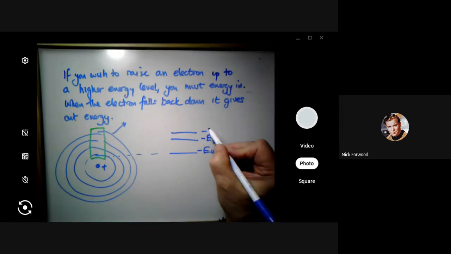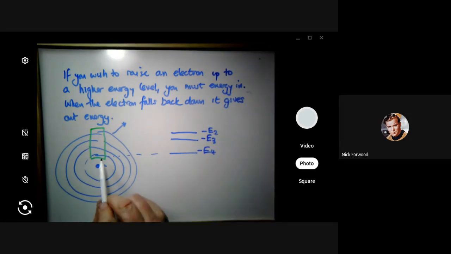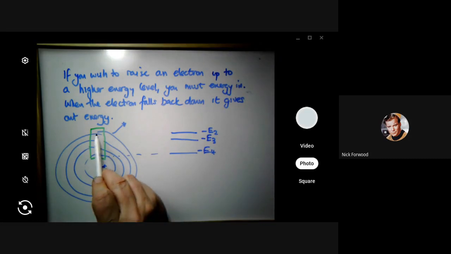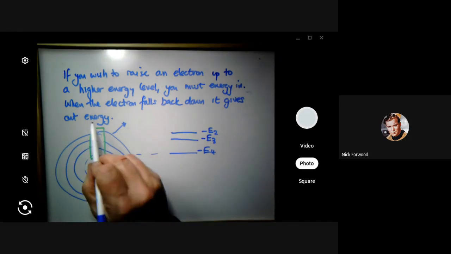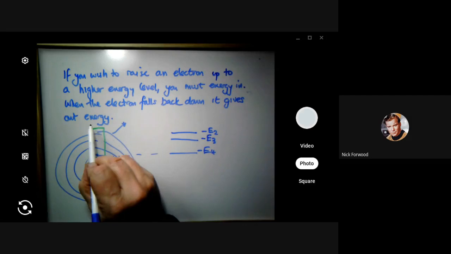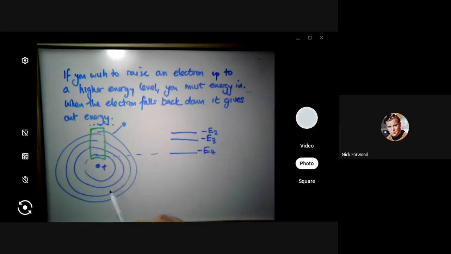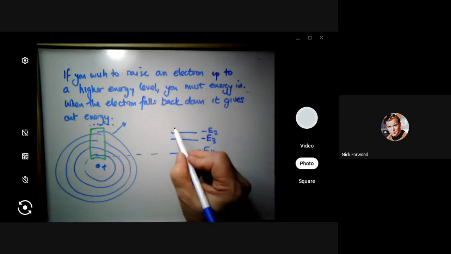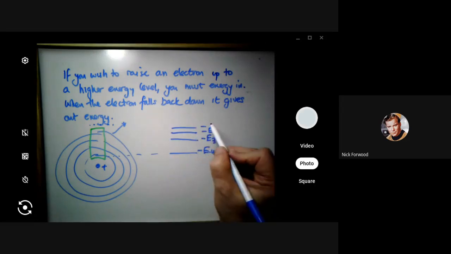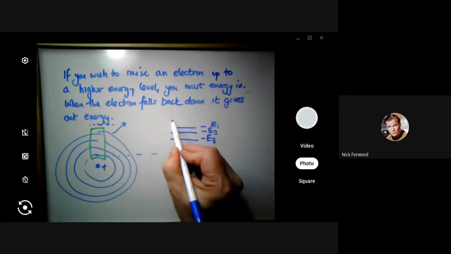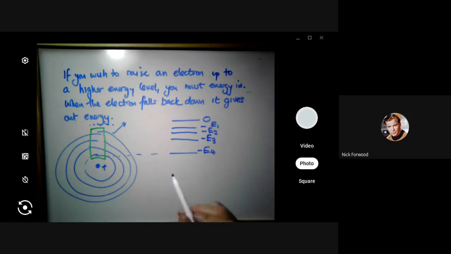Energy level 4, 3, 2, 1, and then 0 is up here, which means you can escape. That's ground level. Energy levels get closer together, minus energy level 1, and then here you've got energy level 0, and that's your ground level, and that's where you can escape from.